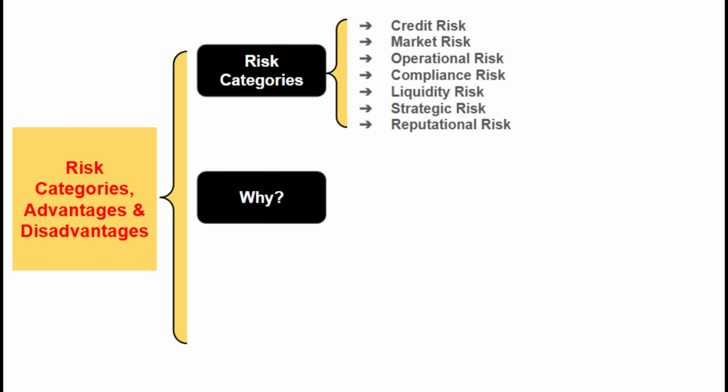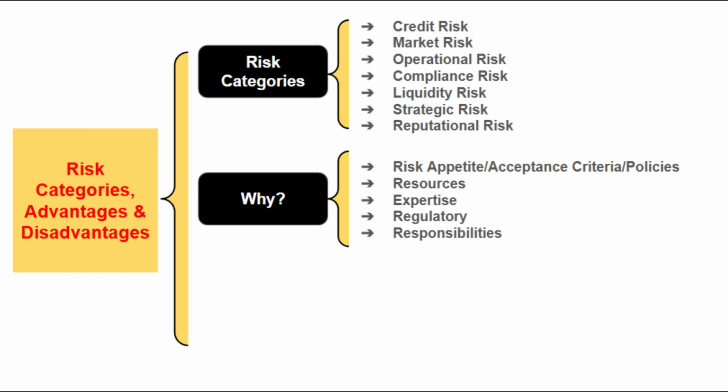So why do banks categorize risk types? Banks categorize risk into different types for many reasons: setting risk appetite, risk acceptance criteria, and risk policies, allocating resources, building up expertise, aligning with the regulatory requirements on risk measurement and capital, or defining responsibilities.